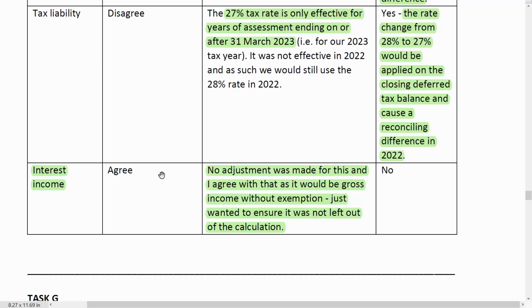Finally, the candidate identifies items which Julio had not included and asks whether Julio had included the interest income into his taxable income calculation, and identifies that interest income would be considered gross income. There would be no exemption.